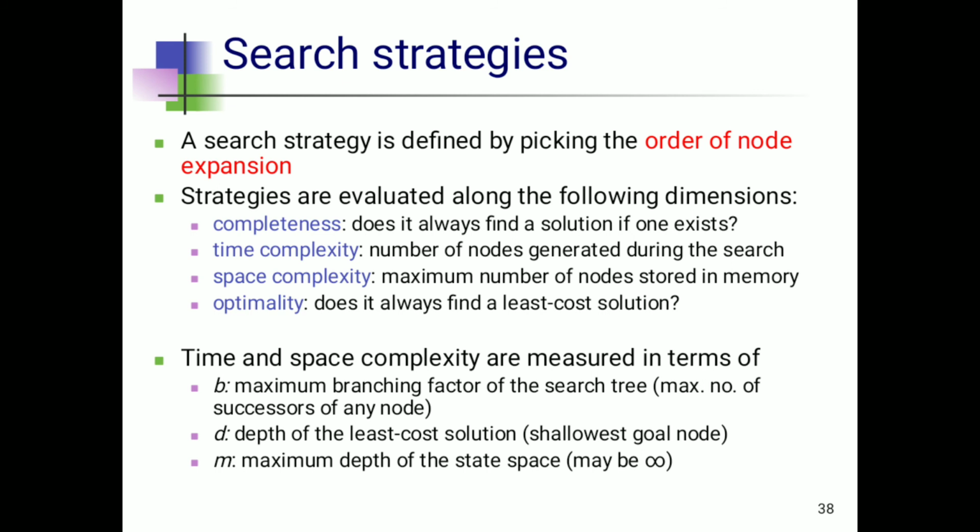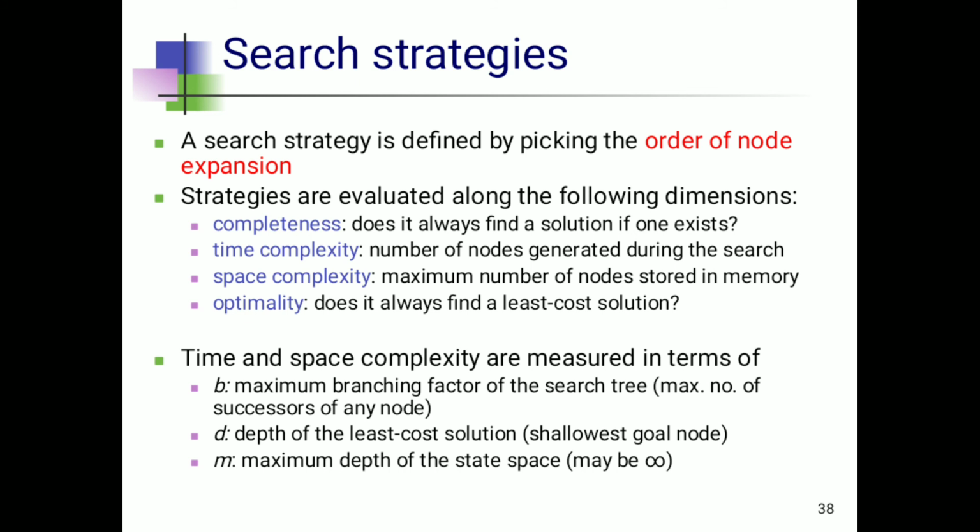Then what is time complexity? The number of nodes generated during the search. If we explore the branches, then the number of nodes to be generated during that search represents the time complexity, because to explore each and every node we require time.